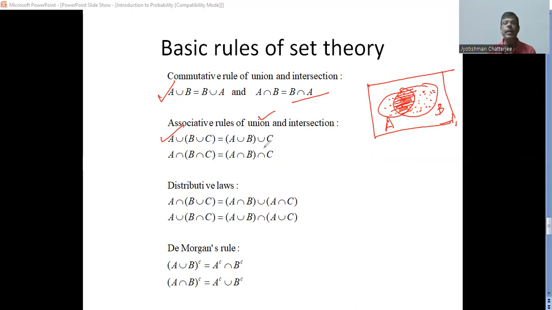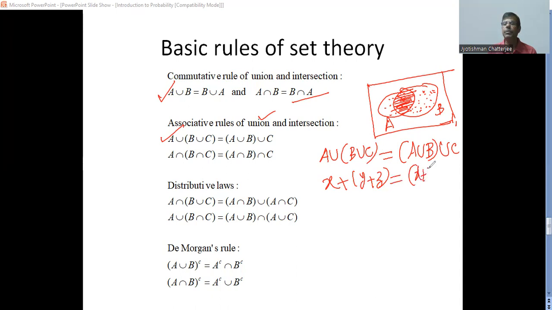A union (B union C) means first you take the union of B and C, and then that result you take union with A. That will be the same as if you take the union of A and B first and then with C. Compare this with the algebraic result: X plus (Y plus Z) is the same as (X plus Y) plus Z. That way you will remember. This is the basic rule of algebra, where X, Y, and Z are three numbers.